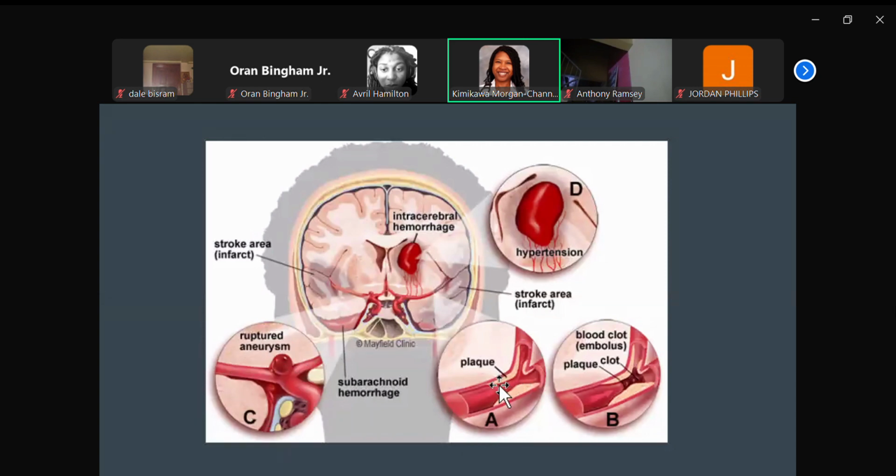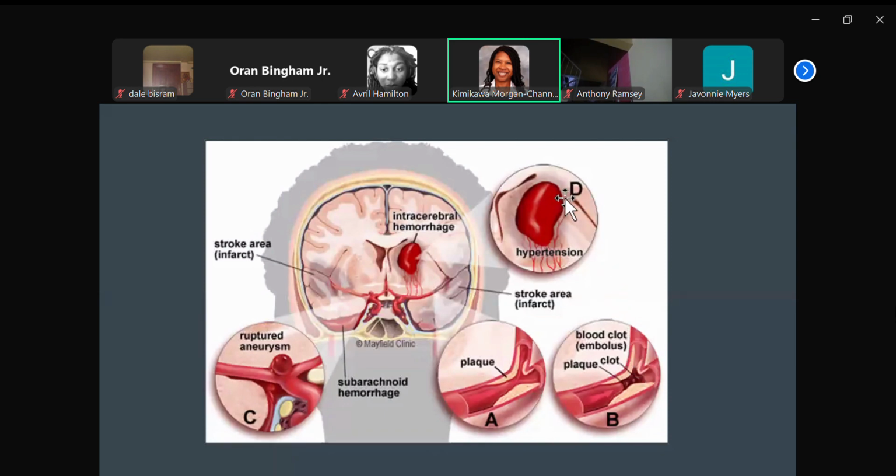For ischemic stroke, you can have a plaque that ruptures, and then a clot occludes the whole artery here. For embolic stroke that leads to ischemic stroke, the clot comes from a distant source, travels up the intracranial arteries, and then you have an occlusion, all right? And then you get your stroke.